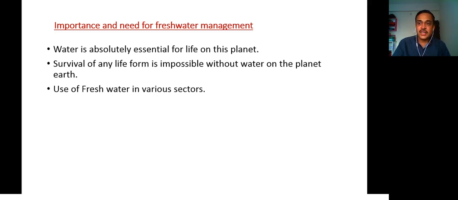before human society. As we are receiving the water during our monsoon period, that is only about 120 days, from June to September. Out of these 120 days, we are receiving water in only about 30 to 40 days.